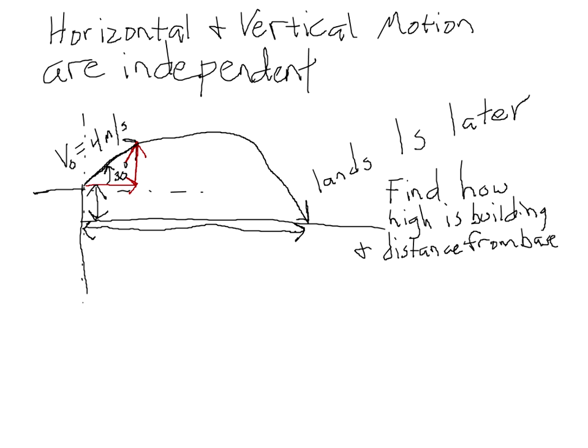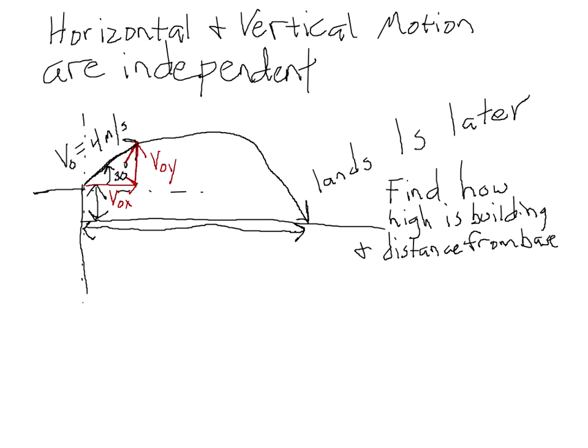So the first thing we need to do is find v0x, which is the x component, or the horizontal component of the initial velocity, and v0y, the vertical component of the initial velocity. Okay, using trigonometry, then, since v0x is adjacent to the 30-degree angle, and I already know the hypotenuse, then I need to use cosine.